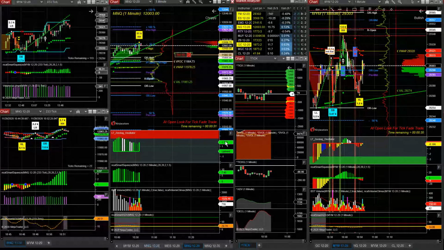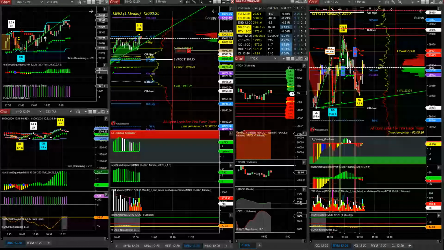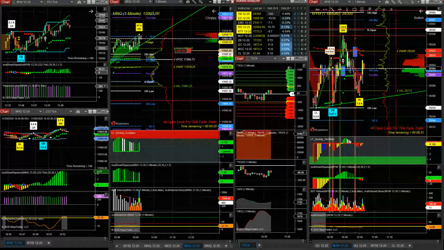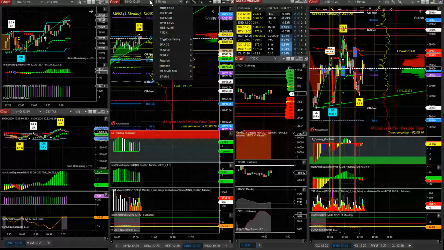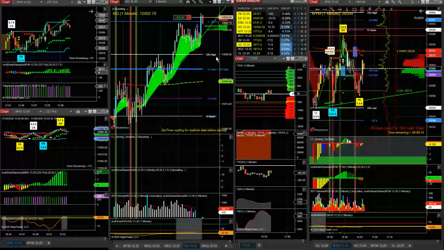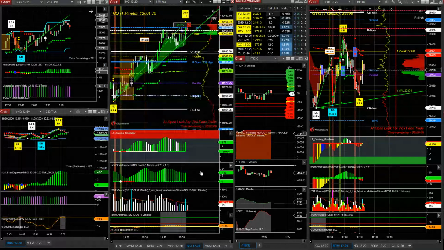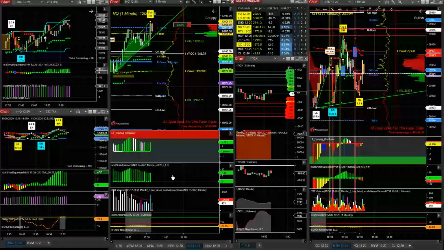Yeah, got a fill above that 50%, at 12005. I put on a limit order up there and got filled. We got filled on that limit order at 12005, which is above the 50% mark on that NQ.